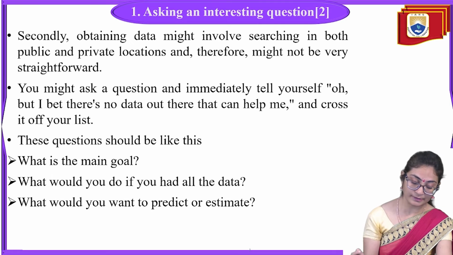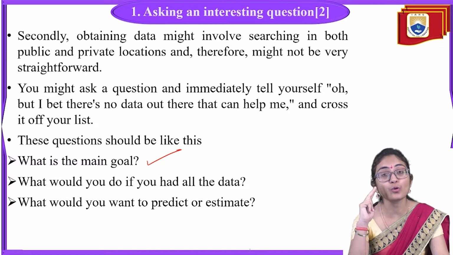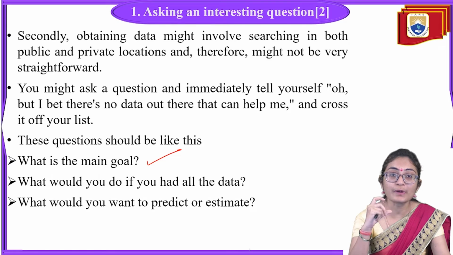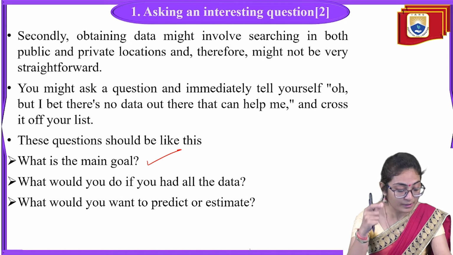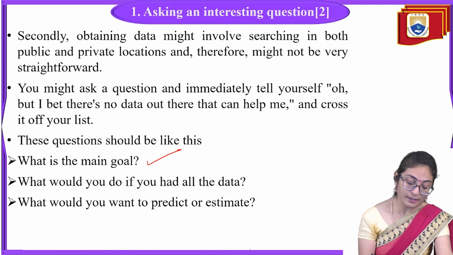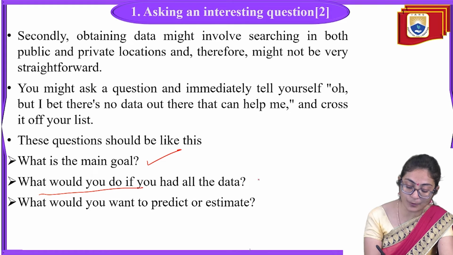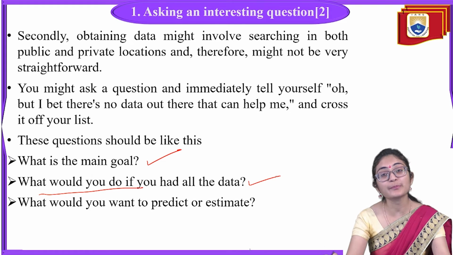First you have to find out the goal of your data, the goal of your purpose, and the goal of your research. Then you have to find out what you would do if all types of data were available to you.